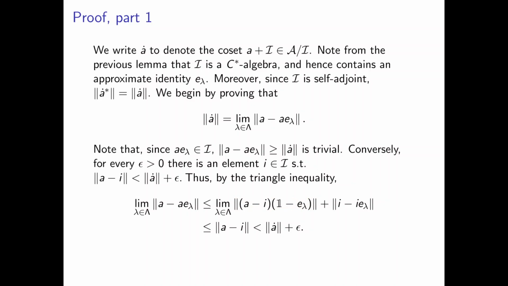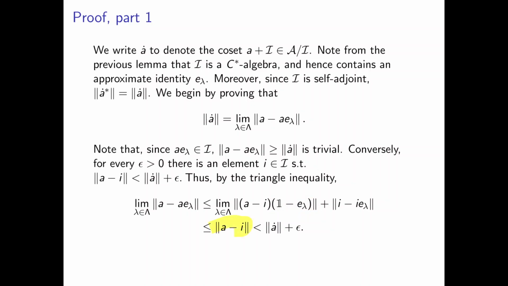And thus, we have to see, okay, what is the norm of this factor here? Well, it is less than or equal to 1 because E sub lambda is a positive element. And that is the trick. So no matter which lambda we have here, E sub lambda is always a positive element that is less than or equal to 1.